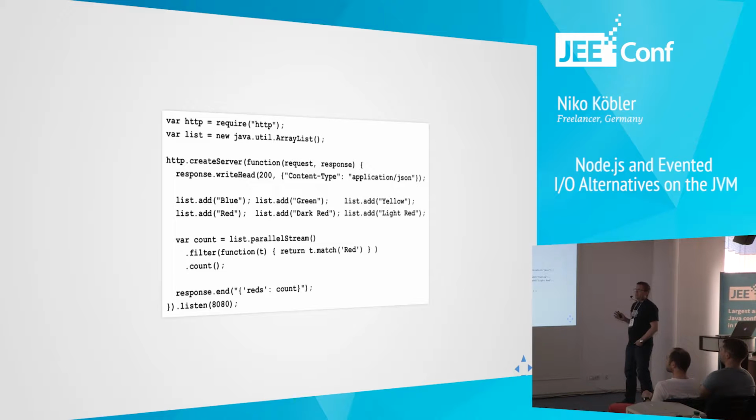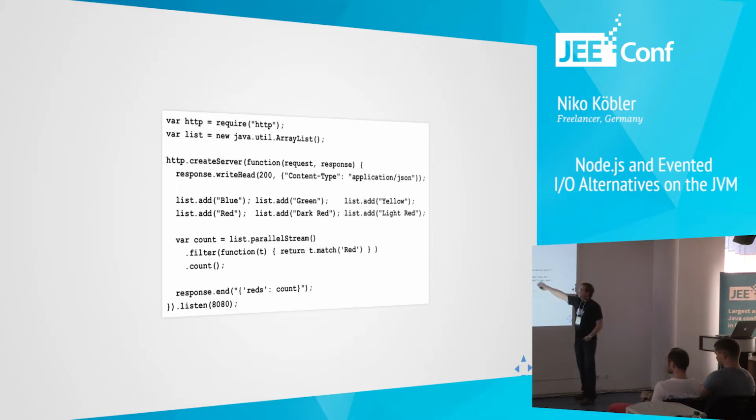What about the second line? New Java util array list. Looks like Java. Look at the first part, var list. This is Java. Seems like JavaScript. Third line, HTTP create server, looks like JavaScript, okay.